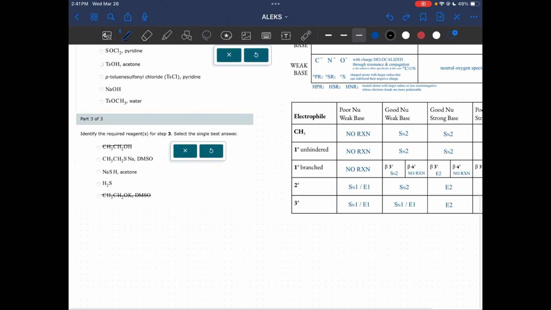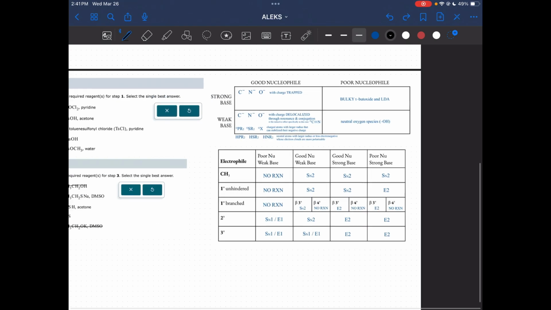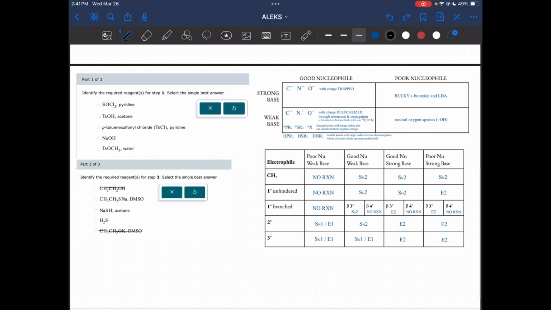And again, this all connects back to this chart. I'm going to zoom out for a second. Technically, just to be thorough, this here would be considered a poor nucleophile weak base. That would most likely not even react with molecule A that we drew out. Down here, this would react, but it would end up being a strong nucleophile, strong base.